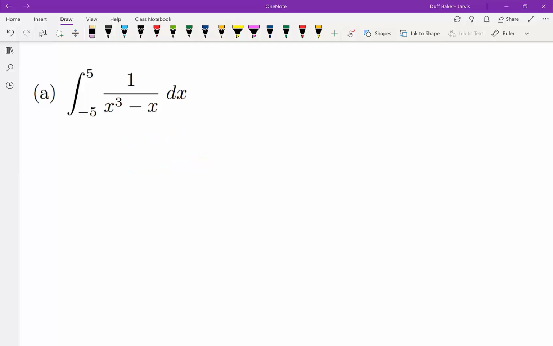So then this is an example of what we were just talking about. This integrand, is it even or odd? Remember, if you're not sure, one way you can check is you plug in minus x and see what happens when you simplify.